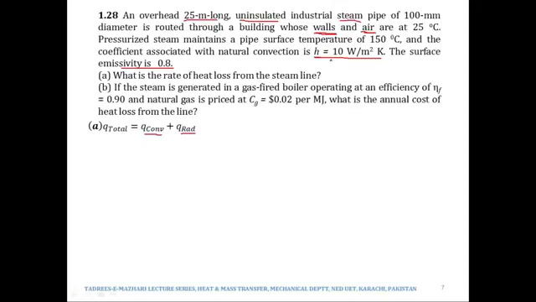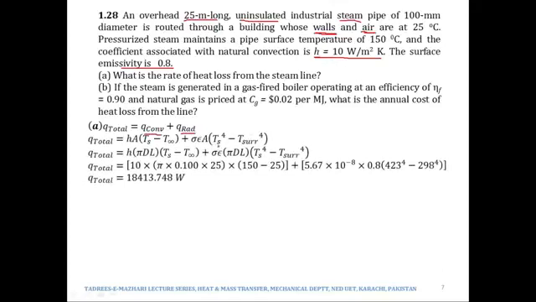It is not a hint, rather it has been explicitly told. Since we are given the value of h and epsilon, it means that we need to take convection and radiation both into account. So convection is hAΔT and radiation is σεA(Ts^4 − Tsurr^4). The area through which the convection heat transfer will take place is the outer surface of the pipe, which is πDL, and the same area applies to radiation heat transfer.